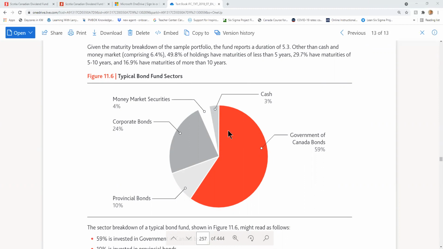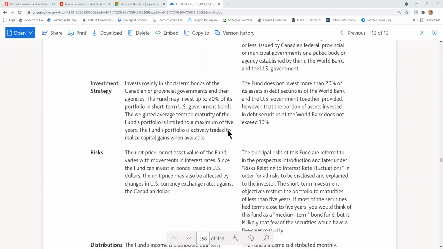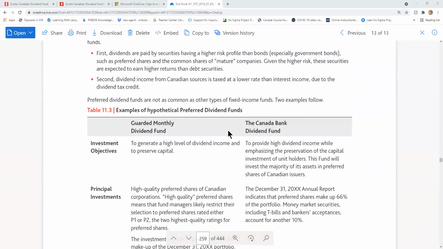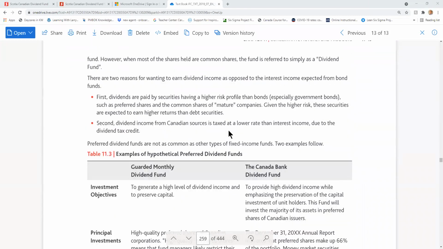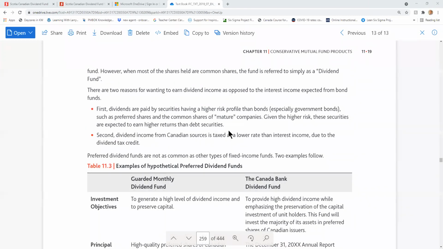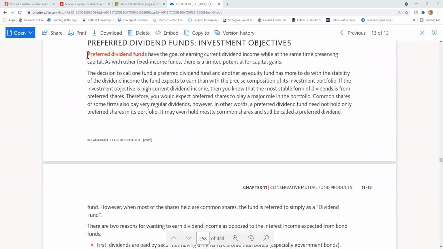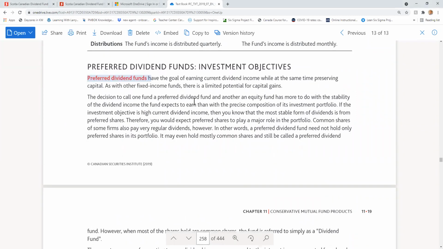And then we talked about the risks, and then the dividend fund. The dividend fund is going to be invested mainly in preferred shares. They call them preferred dividend funds because they are invested in preferred shares.